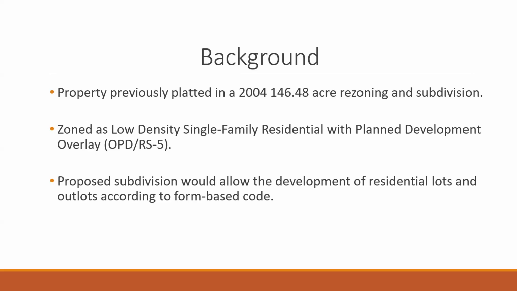Between 2004 and 2022, final plat approval was given for 88.46 acres of the surrounding land to create 142 residential lots. In its initial rezoning and platting, the subject property was zoned OPD RS5. The proposed subdivision will allow for the subject property to be developed with 267 residential lots and 20 outlots, subject to the standards of the form-based zones.